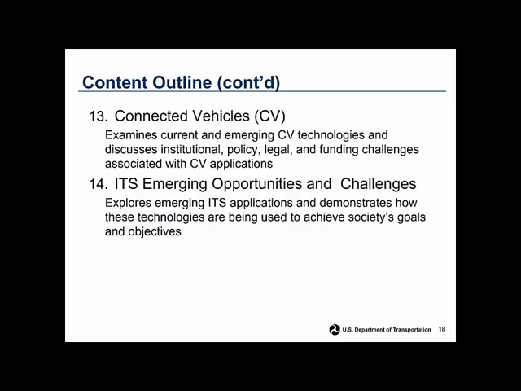In other words, as we see autonomy introduced to our surface transportation system, we have the capability to connect vehicles together with wireless communications and to the infrastructure. How do we create a much more cooperative overall system? So that's an overview of the content for the ePrimer.